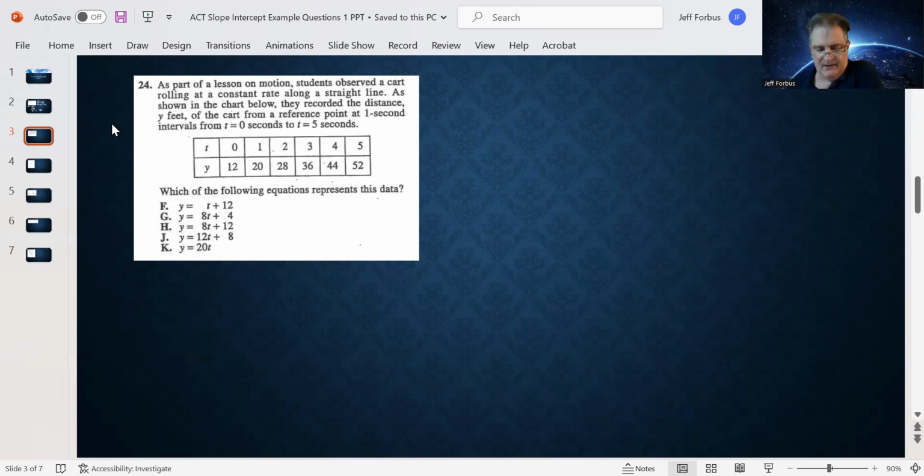So what you can do here is you got to figure out the slope, because we're thinking about this idea of, remember again, y is equal to mx plus b format, right? And we need to figure out what the slope is. So we can pick 2 points. Let's pick 0 and 12, and then the next one, 1 and 20.